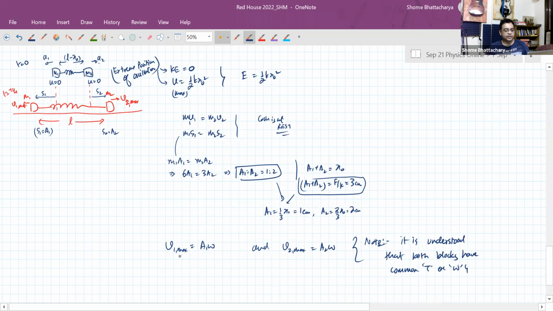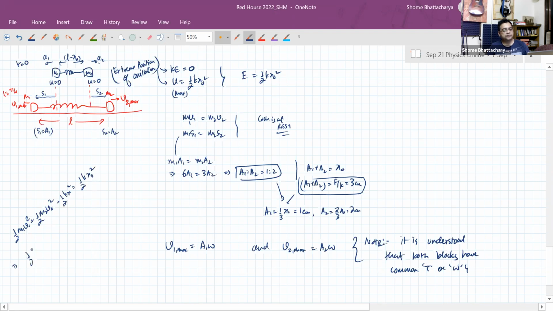So I can calculate omega now like this also, actually, because I can see that half m1 v1 square plus half m2 v2 square plus half kx square at any point of time is half kx naught square.